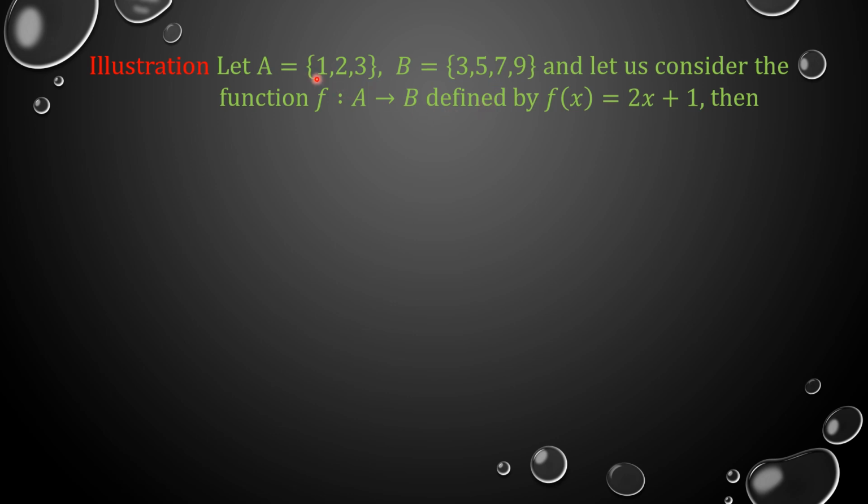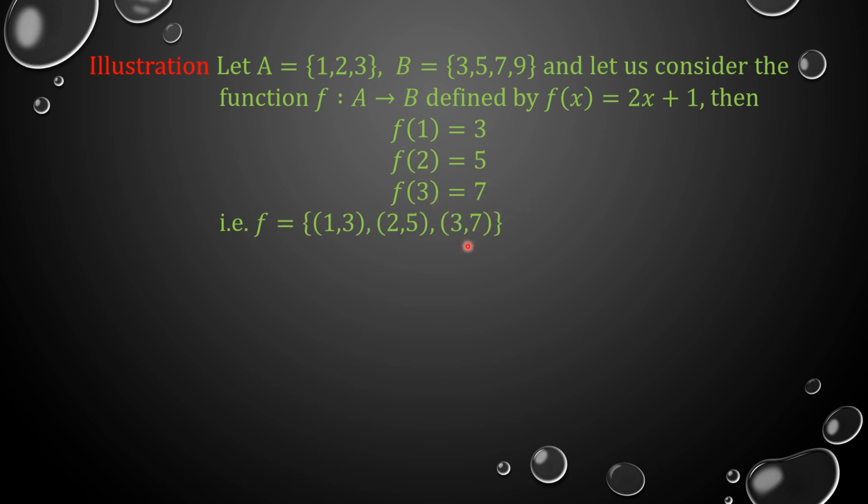Therefore we see 1 has image 3, 2 has image 5, 3 has image 7. This means different elements of the set A have different images in the set B. Therefore the function is a one-one function. So f is equal to {(1, 3), (2, 5), (3, 7)}.